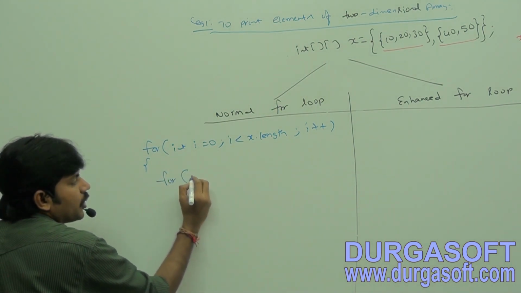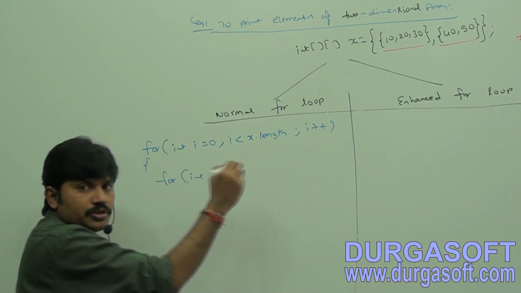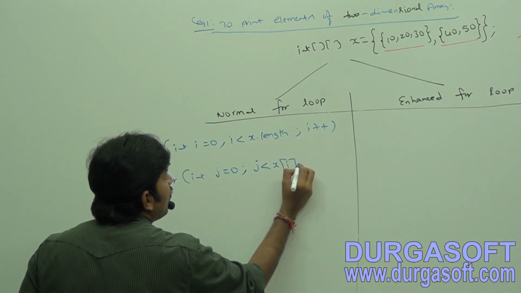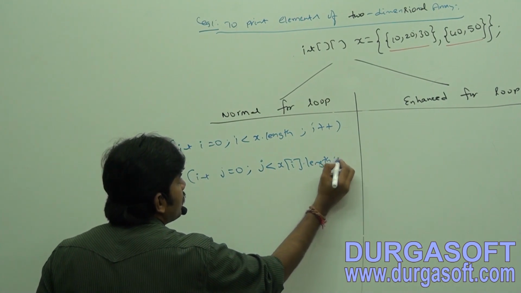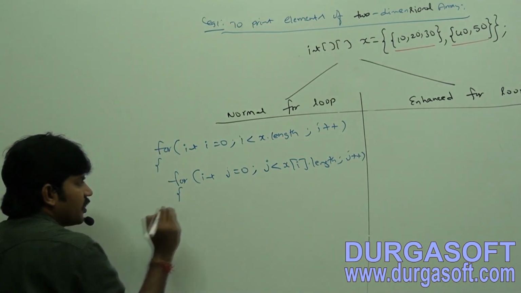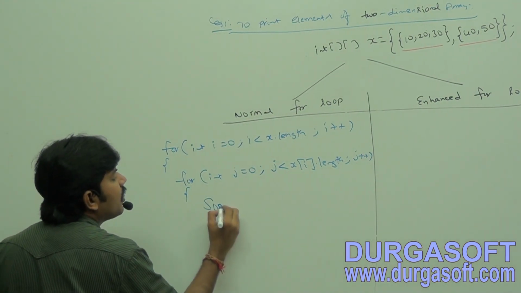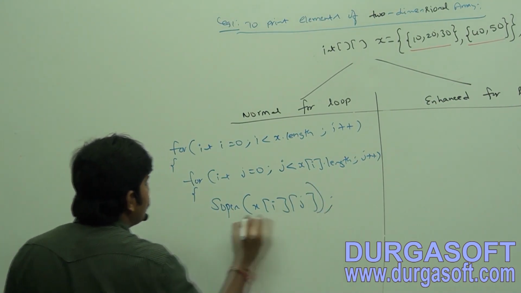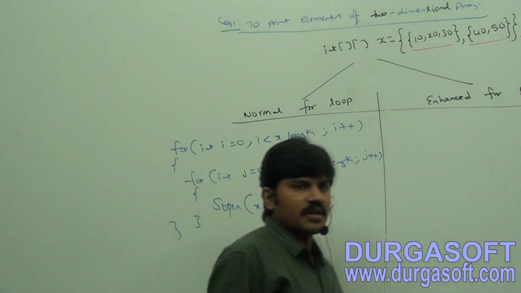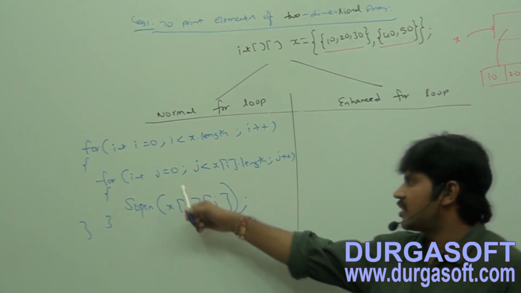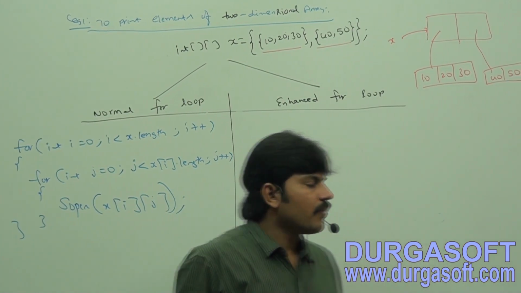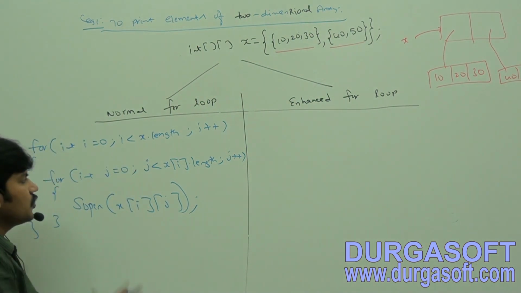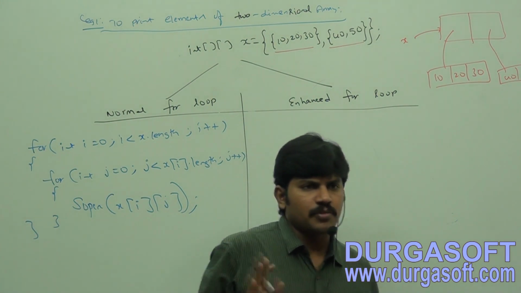For int j = 0; j < x[i].length; j++. System.out.println(x[i][j]). It is nothing but x of i followed by j. Now it's a normal loop. We are already habituated with that. So this code anyway we can easily write.